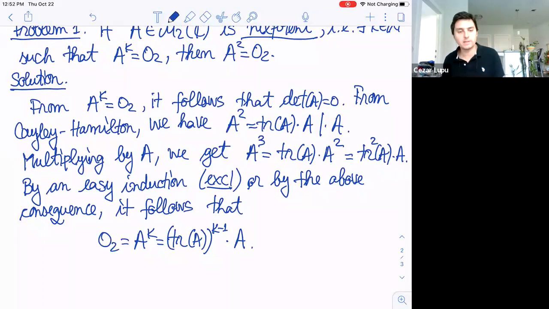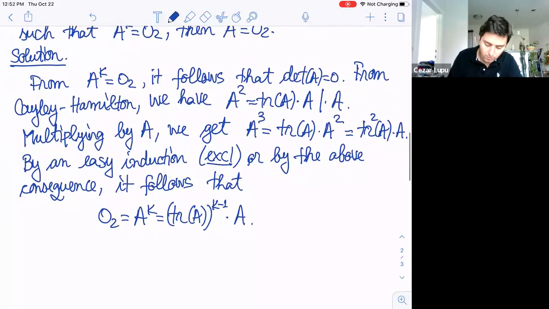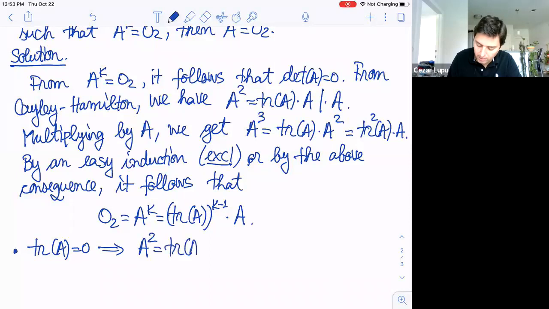So we have two cases here. So the first case, case 1, we have trace of A equals 0. And if trace of A equals 0, then we're done. It follows that if trace of A is 0, then A squared, which is equal to trace of A times A, will be 0 times A, which will be 0, 2.